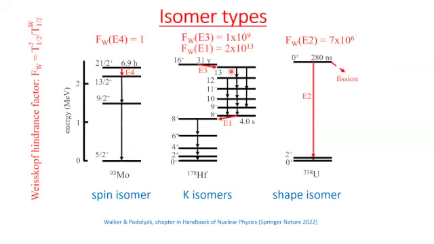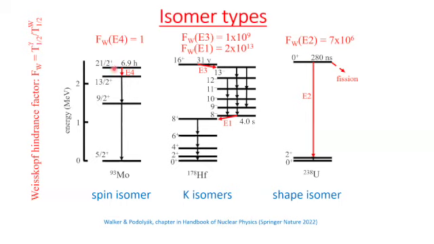But if you compare with the so-called Weisskopf single particle units, which are admittedly very simplified visions of radiation strengths, it's nevertheless a very convenient rule of thumb. And you can compare the Weisskopf rates with the observed rates.